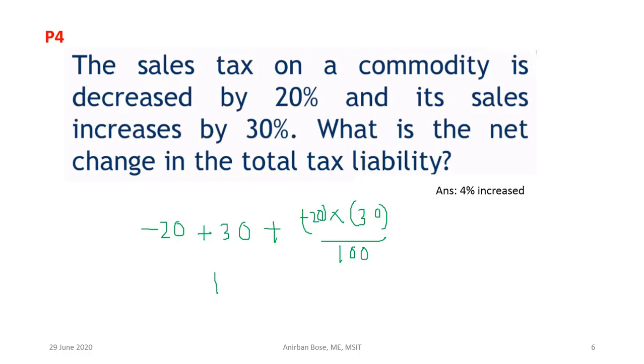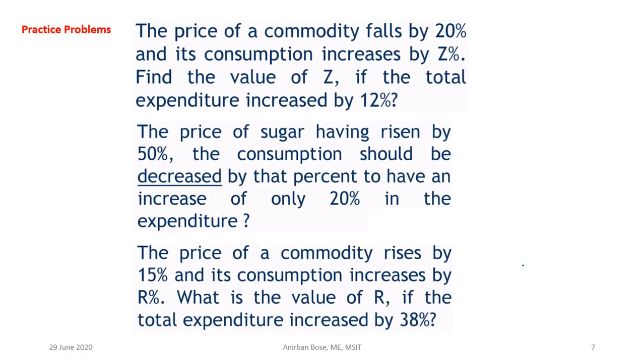So this is plus 10 and here it is minus 6. So the answer is 4%. Similar kinds of problems you can practice. So these are the problems related to successive percentage changes.